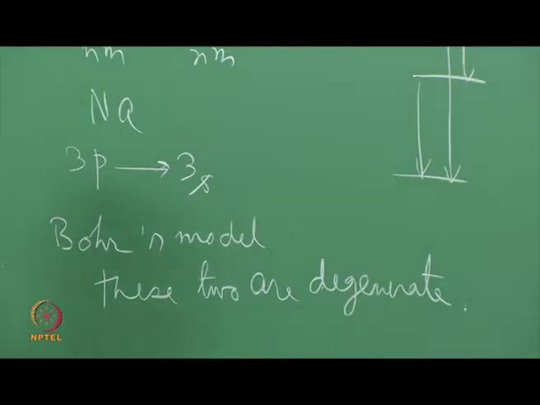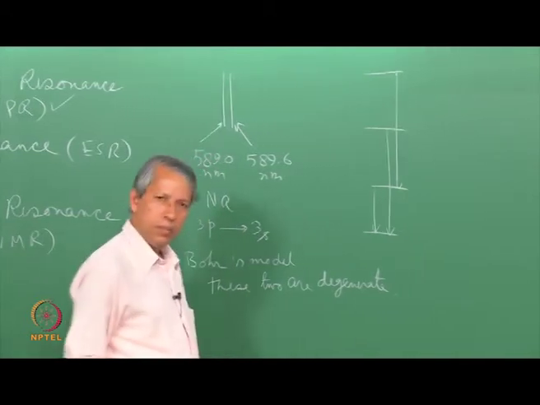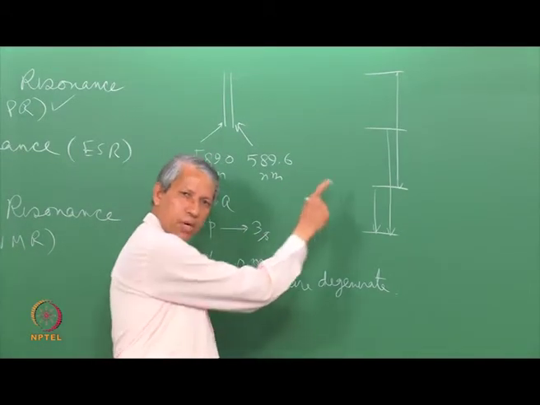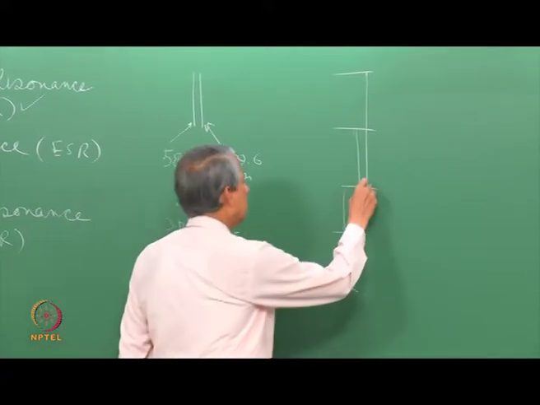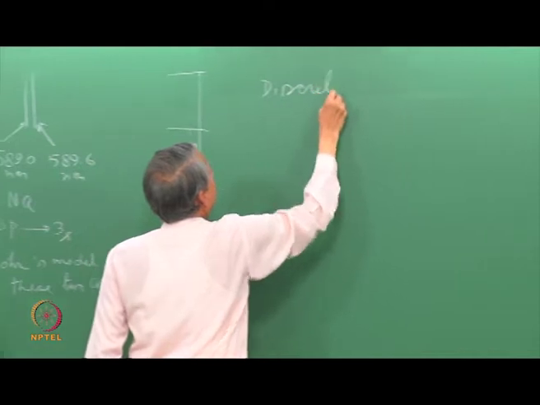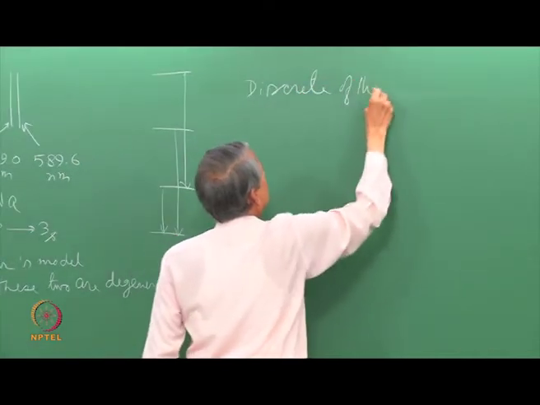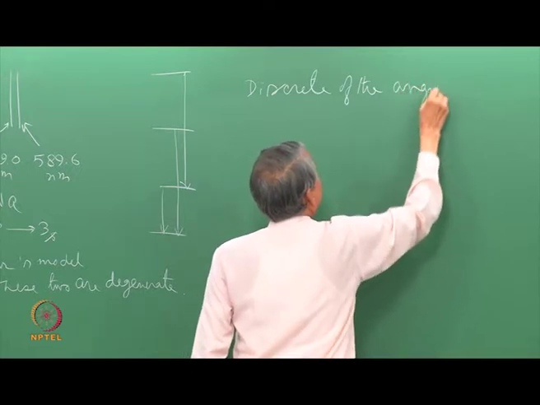So, the limitation was obvious that everything is not quite understandable, but the Zeeman effect could be explained based on this model, because Bohr had another key ingredient in this model, that is the discrete nature of the angular momentum.